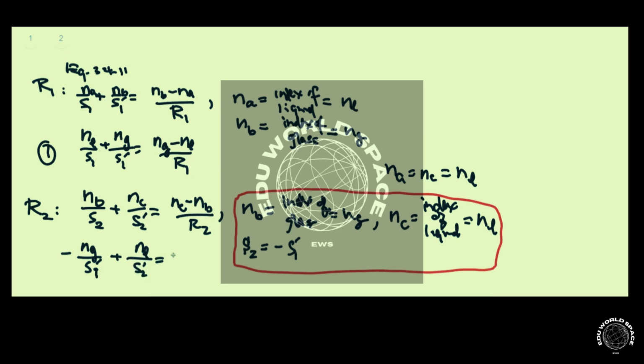And that's equal to NC, which is NL, minus NB, which is NG, over R2. And let's call this equation number 2.